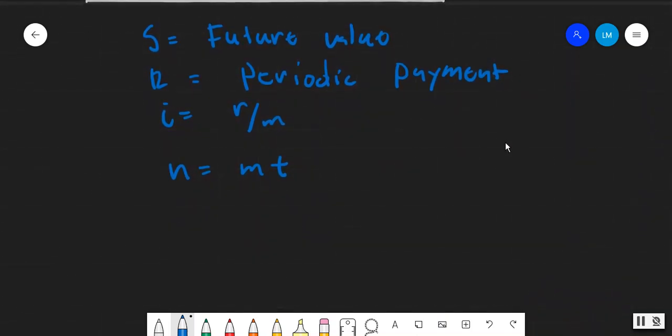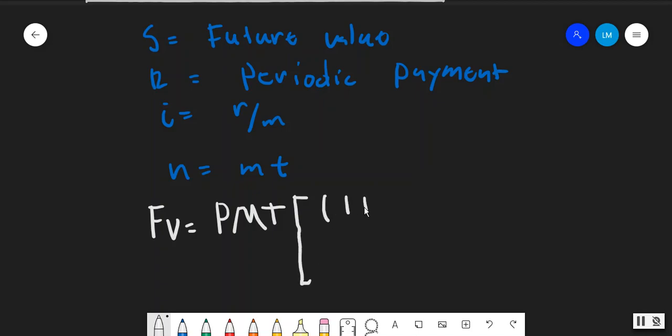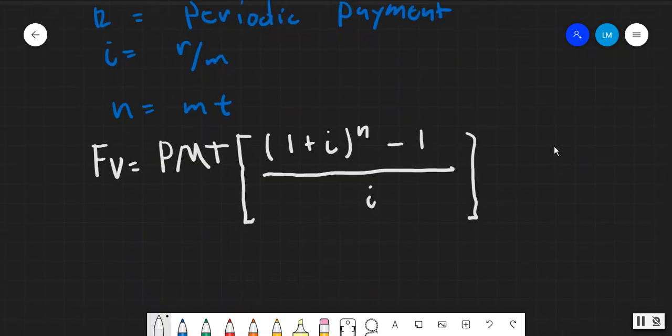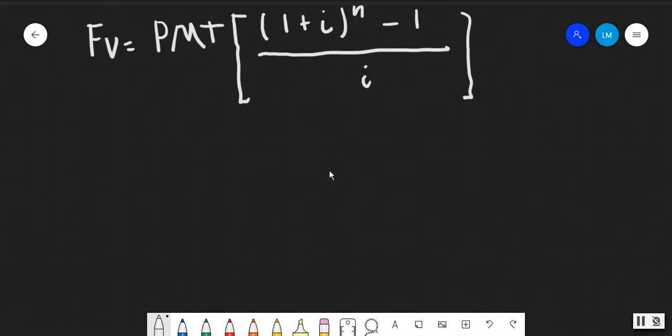Now, most of the time in some textbooks, we tend to just use the following as a way to simplify, to make it more obvious, where we have 1 plus R over M raised to the MT. Well, yeah, we could probably just leave it as 1 plus I, and then raised to the N minus 1, and then this is divided by I. Now, it's up to you if you want to replace these variables respectively, where you remember that I is just R over M, and N is just M times T. So in this case, this is more or less the exact same thing.